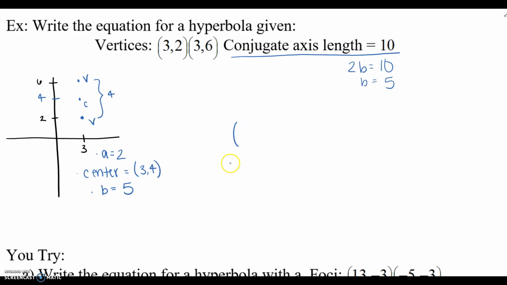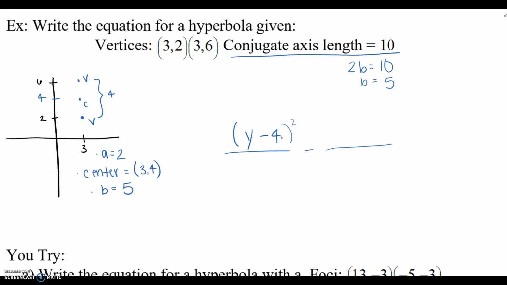So now it's just what is going to go first when we're subtracting. Now remember that that depends on whether it's vertically or horizontally oriented. Because this is vertically oriented, I know it has to be y, and then it's minus k, so y minus 4 squared.